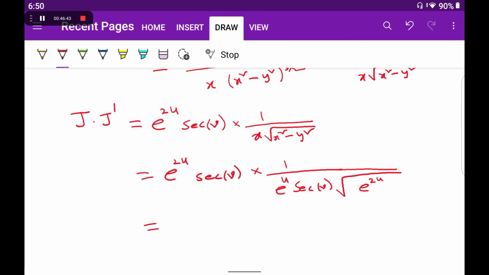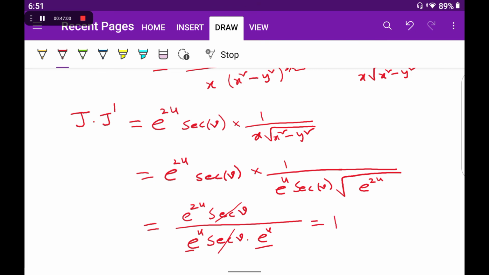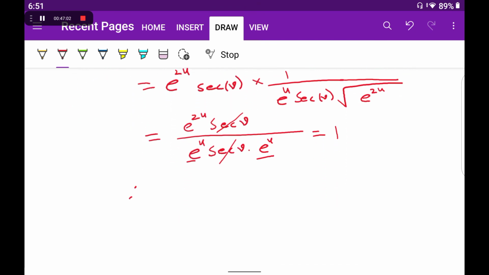So this is e power 2u secant v by e power u secant v into e power u. E power u into e power u is e power 2u. Secant v gets cancelled, e power 2u gets cancelled, and we get 1. So therefore, j into j dash is 1 again.